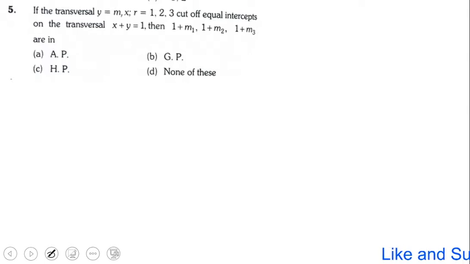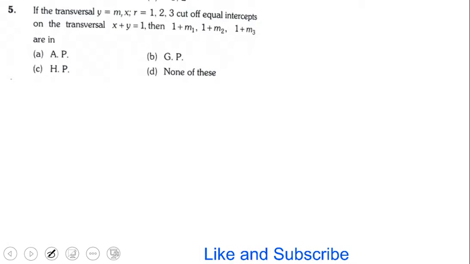We have to verify this. In sequence and series we have studied all these progressions, AP, GP and HP. So taking the given condition we will simplify and see which of these it satisfies. We will analyze it in detail here.